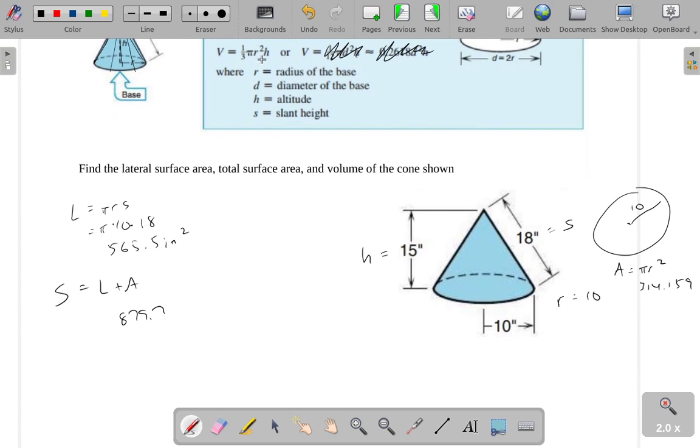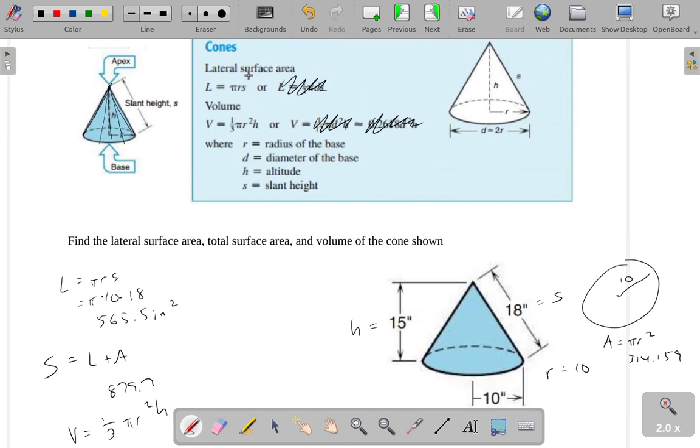And for our volume, I'll use the formula that we're given for the volume right there. Volume is 1/3 pi r squared h. If you're paying attention, you may notice that these formulas are very similar to the formulas for those of the pyramid.